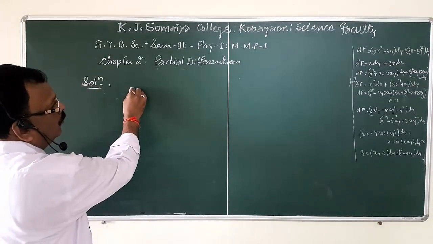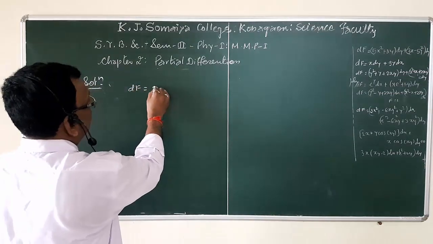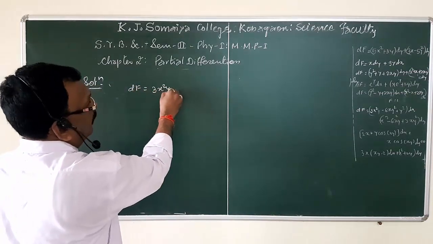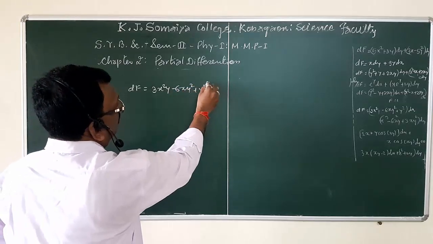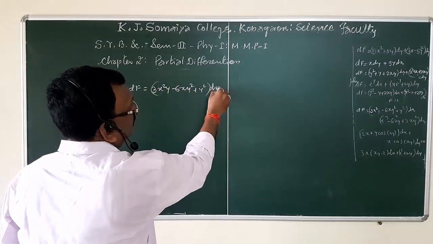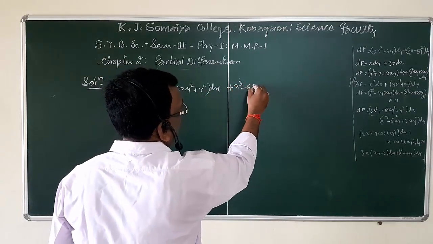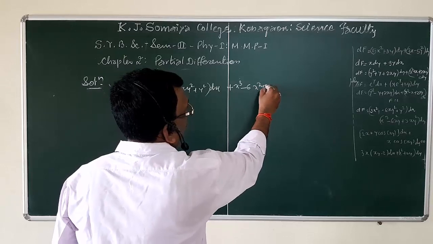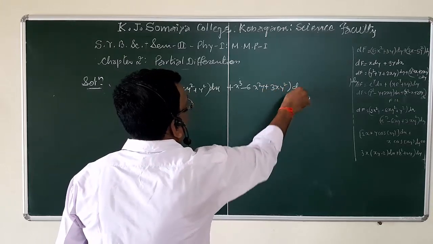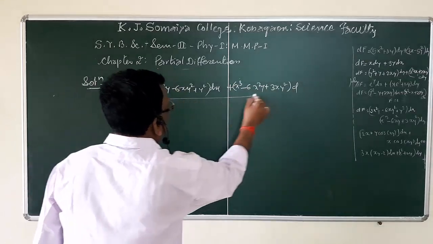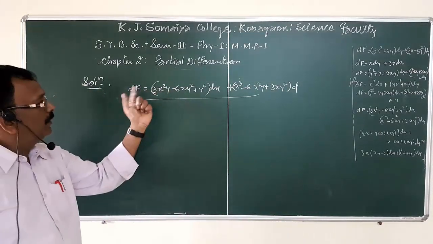Okay. The first problem for homework is: show that the given differential equation df is 3x square y minus 6xy square plus y square dx plus x cube minus 6x square y plus 3xy square dy. You have to solve this problem at your home by the similar method.